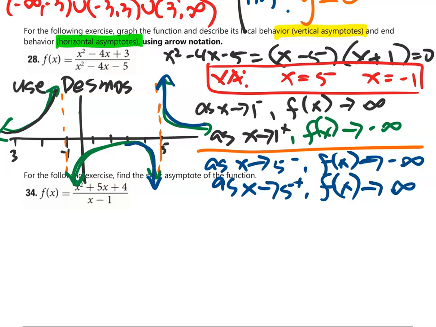Do we have a horizontal asymptote? Take a look at the degree of the numerator and the denominator. They are the same, meaning you have to divide their coefficients, get the ratio of the coefficients. This is 1 and this is 1. 1 divided by 1 is simply equal to 1.